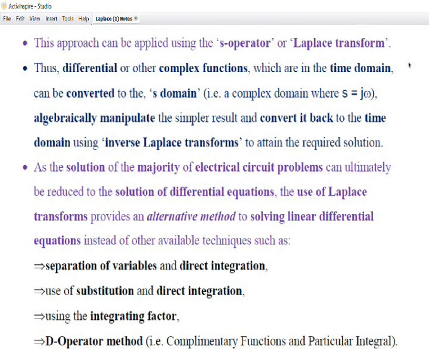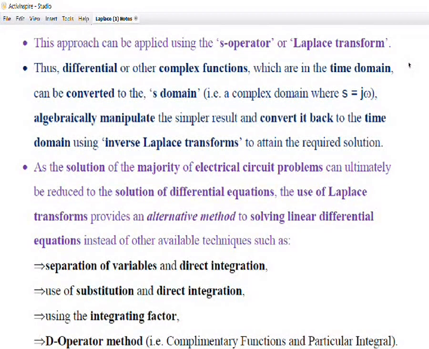So as long as our algebraic skills are a reasonable level, it actually simplifies the process of solving differential equations. As we know, differential equations crop up in electrical or mechanical work and need to be solved. We're only going to look at first and second order differential equations here. We have looked at solving these kind of equations before.